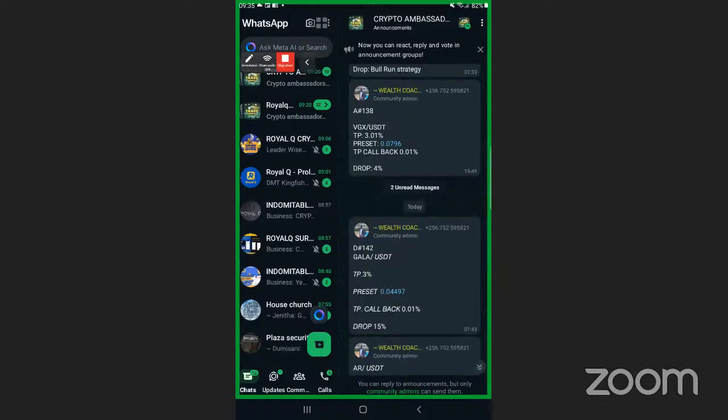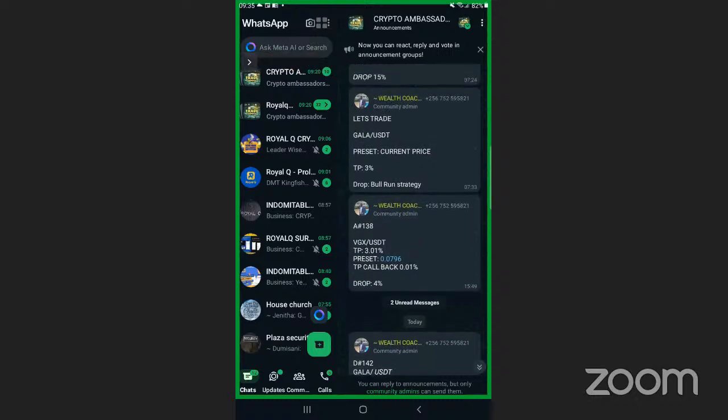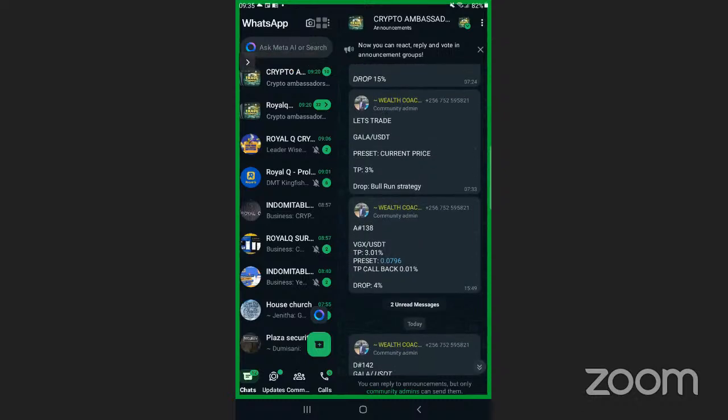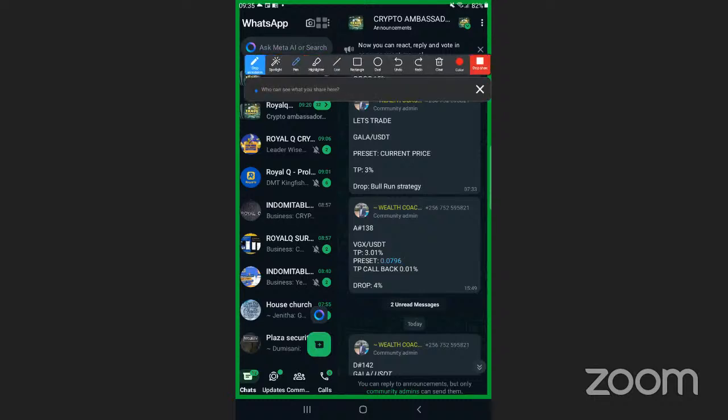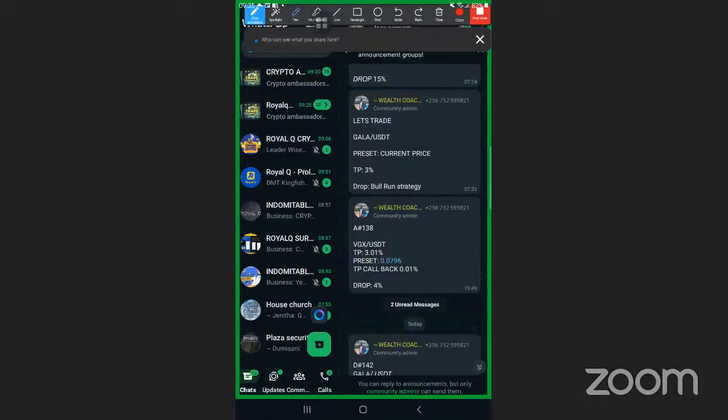Some of our signals are what we call a current price signal. Can you see this particular signal?